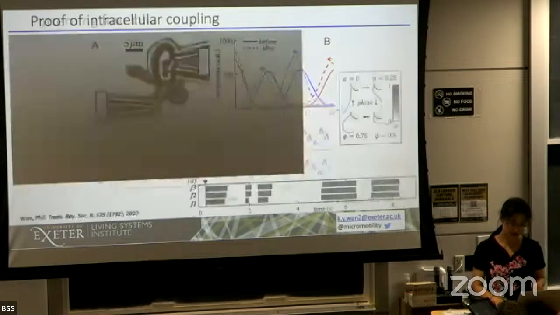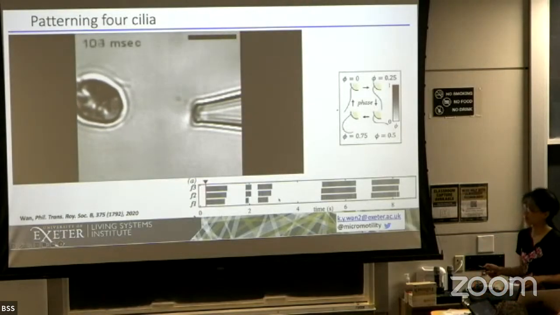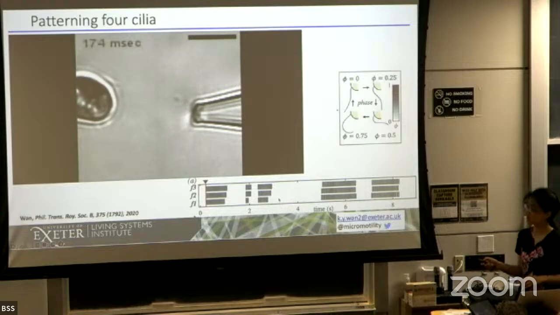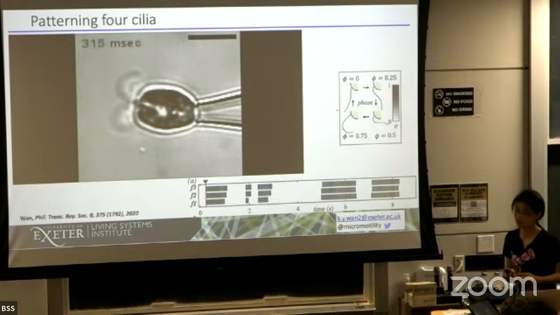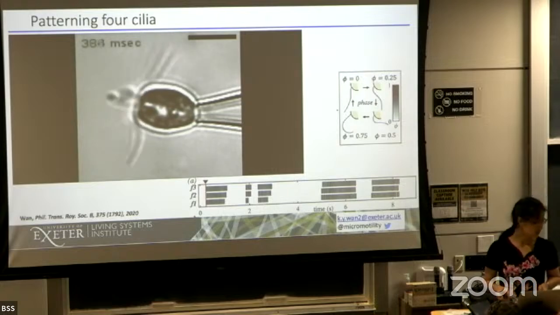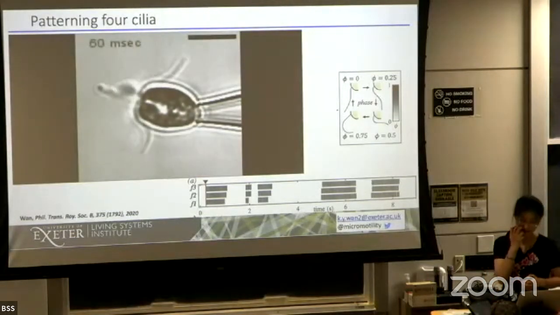And so you can do other types of experiments in a similar vein. Now it's a different species, but you can see that by manipulating the environment, you can actually make them turn on and off their motility dynamics.